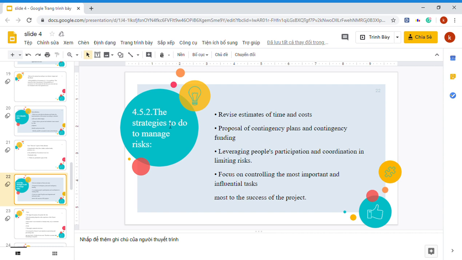The chance to manage risk relies on estimates of time and cost, focused on controlling the tasks that most influence the success of the project.